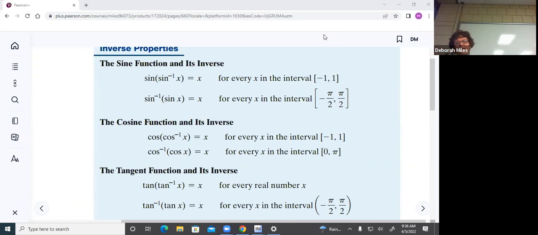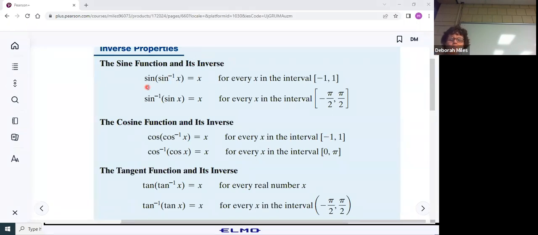First, the sine function and its inverse. You can say sine of inverse sine undo each other and just leave you x, as long as x is a number you can take the inverse sine of.